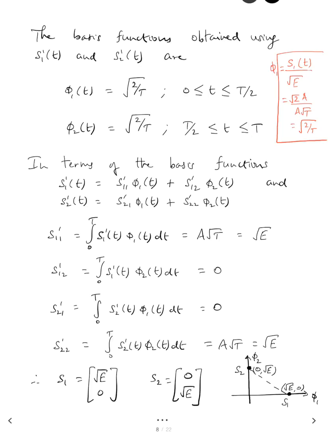Why this is interesting is that choosing the signals to be non-overlapping means the signal space representation will have those signals all lying on the axis. This is the case for the two-dimensional case. Both signals are on the axis, which means they are orthogonal to each other.